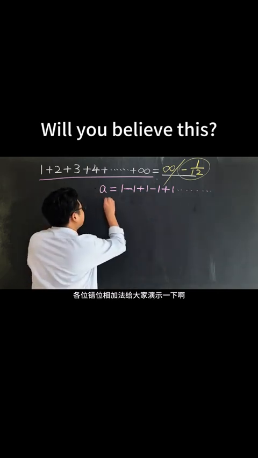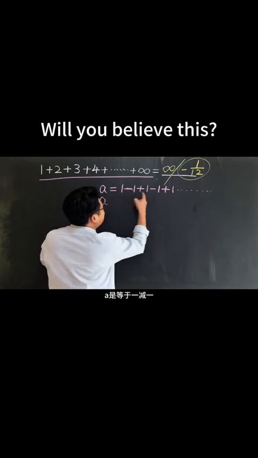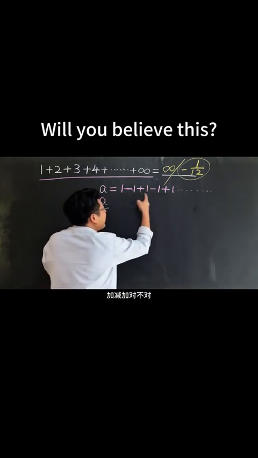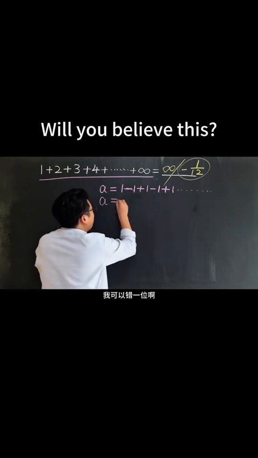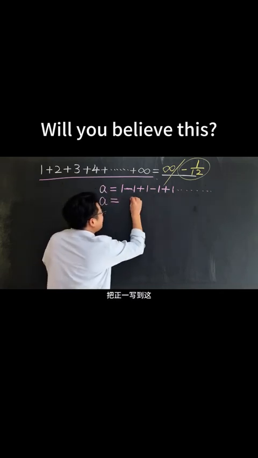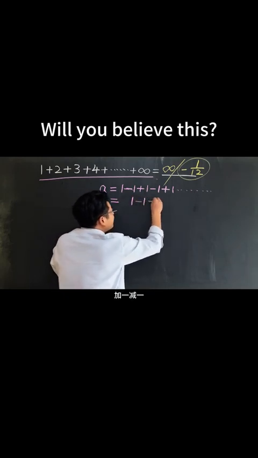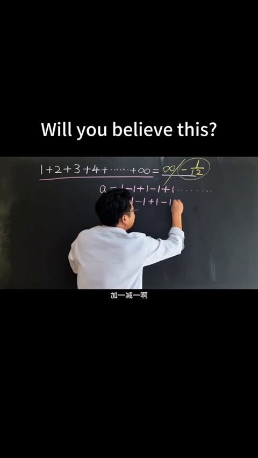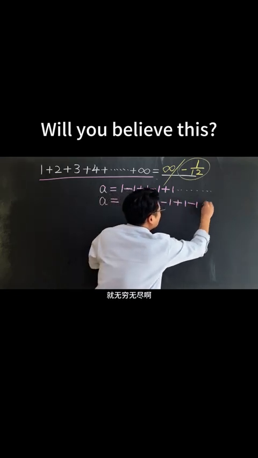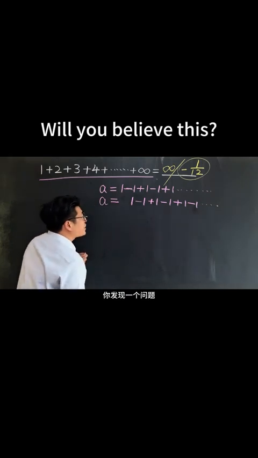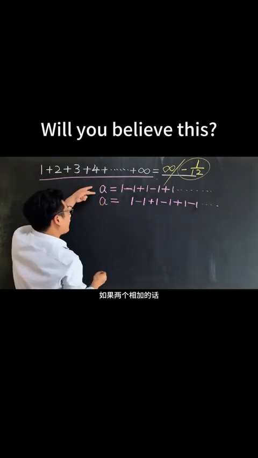Let me demonstrate the method of staggered addition for everyone. A equals 1 minus 1 plus 1 minus 1 plus, right? I can stagger it by one position. This A can also have the positive one written here, the negative one written there, plus 1 minus 1 plus 1 minus 1, and so on endlessly. You'll notice something. If you add the two together, what does 2A equal?